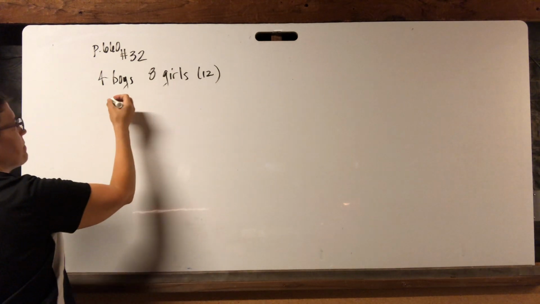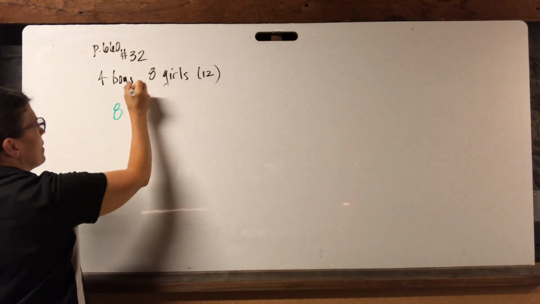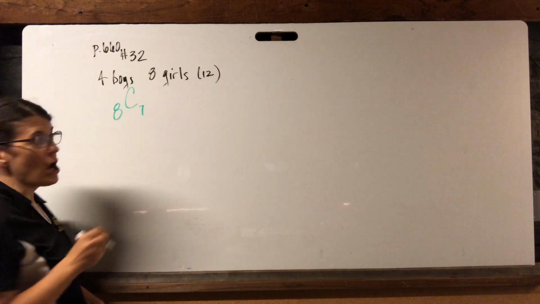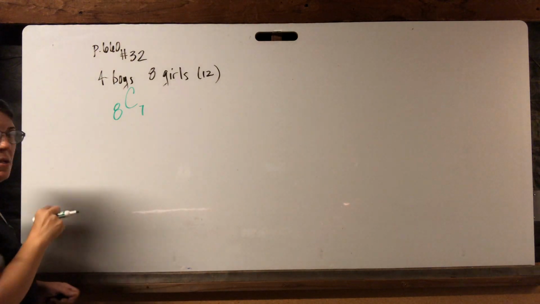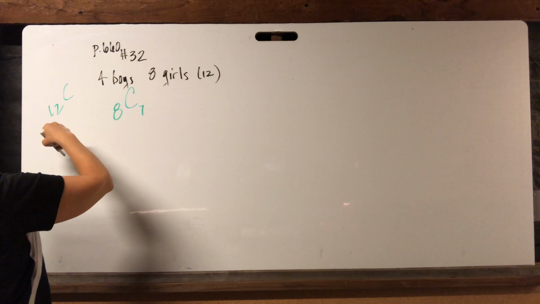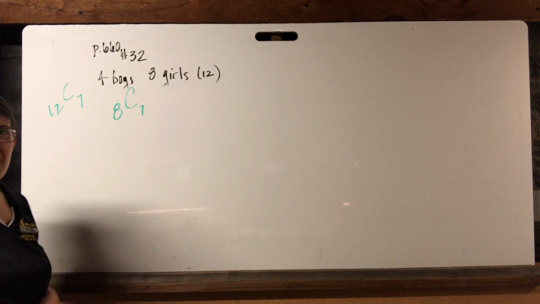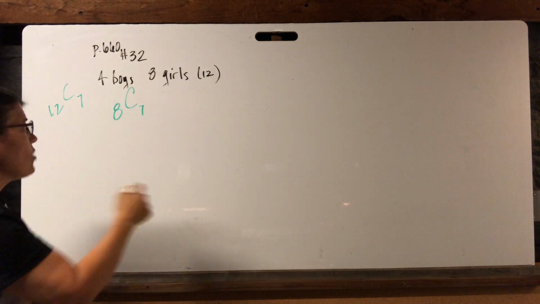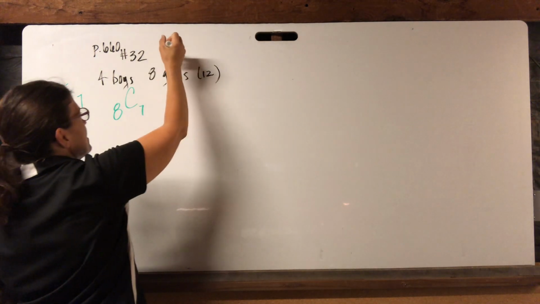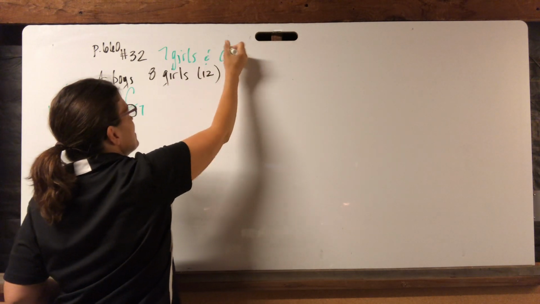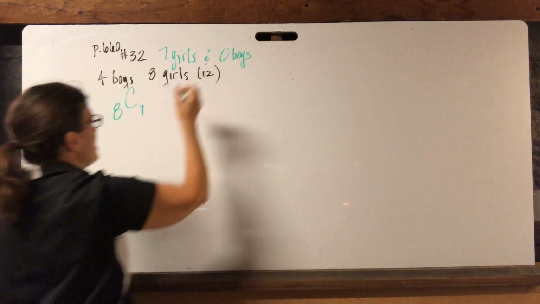All girls. 8 girls, I want 7 of them to go. Wait a minute, this doesn't add up to the whole, remember it was 12C, what was it? That doesn't add up to 12C7, what just happened? It does. If it's all girls, this means I want 7 girls and 0 boys.